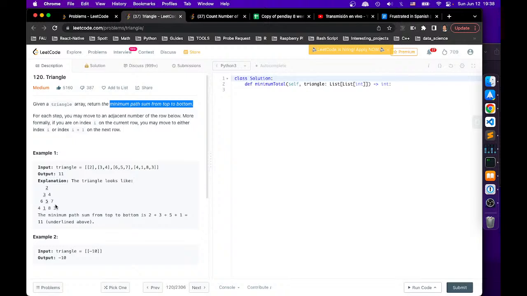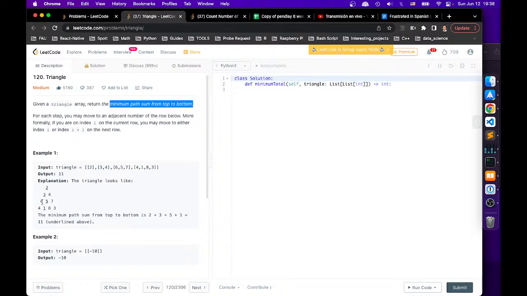So the first is just 2. The second is 3, because each one can receive the one above me or the one to my left, right? So the row number 2 is going to be 5 and 6. Now from here we only have one choice, because it doesn't have one to the left.